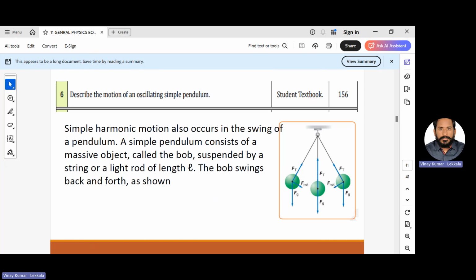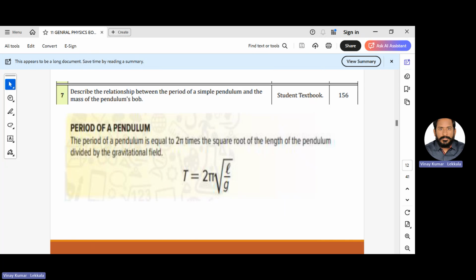It comprises a string and a metal bob attached to its end. Its formula is time period equals 2 pi square root of L by g. There are a lot of MCQs on L, g and time period, and the second pendulum.